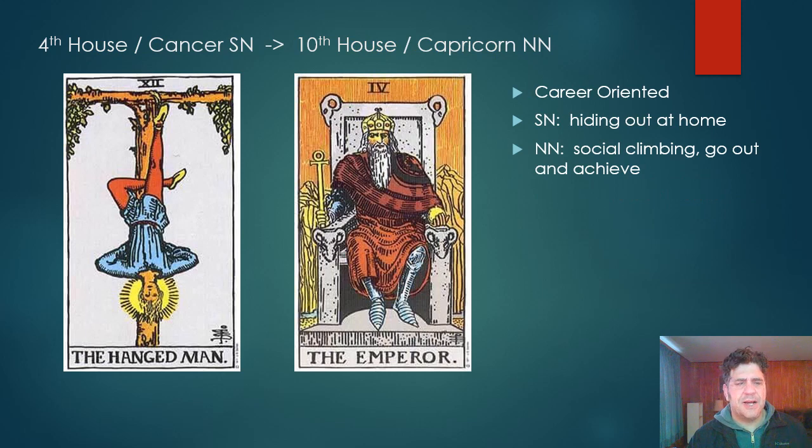So looking at the next one here, the 4th house or Cancer south node that transitions into the 10th house or Capricorn north node, there's a need to become career oriented. Particularly if it's moving from the 4th house to the 10th house. You could have a Libra ascendant in which the signs are in the opposite house, so the person may not become career oriented.